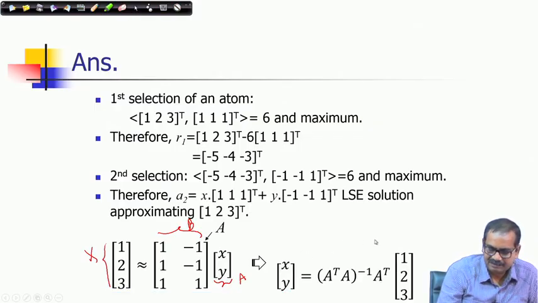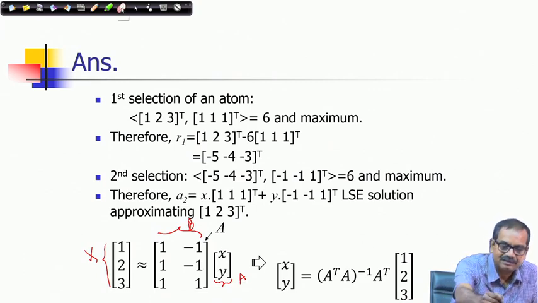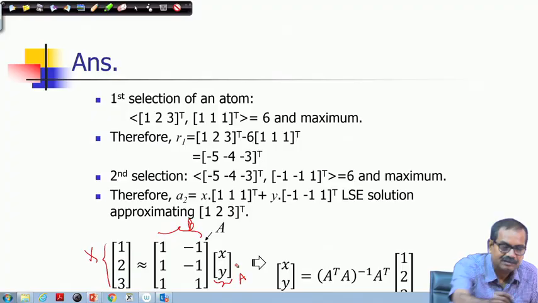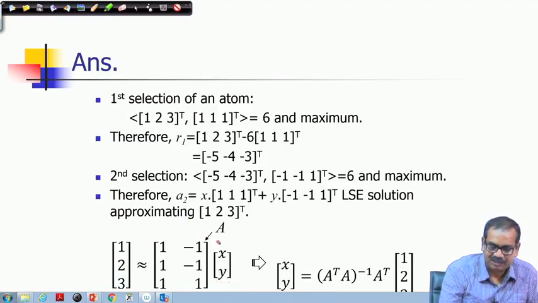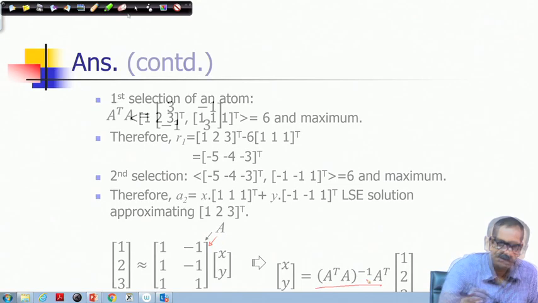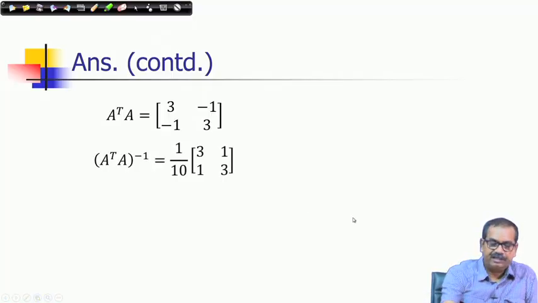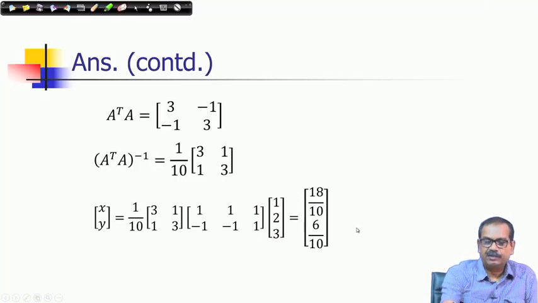And then here actually there is some confusion. We are considering this matrix as A here instead of B. So, now you get this solution. So, you can compute A transpose A inverse, and you can compute the linear combination coefficients x and y using this pseudo inverse.